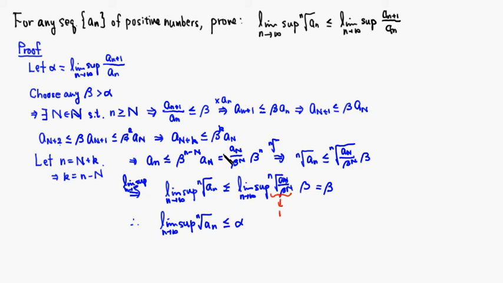Remember, alpha is the lim sup as n approaches infinity of a_{n+1} over a_n. And that will prove this inequality. Alright, that's it. I hope that this was clear.